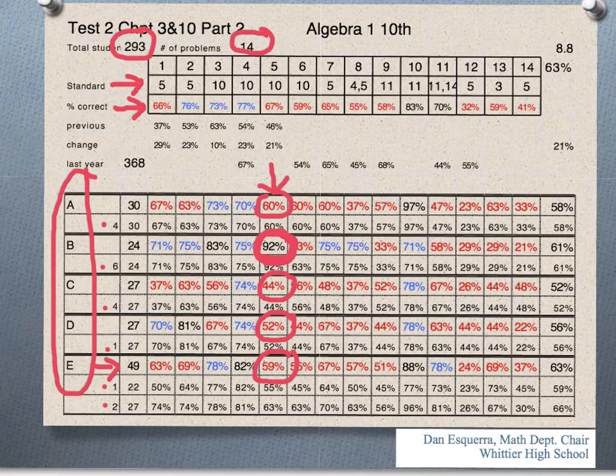Now, looking at the data a different way, you might want to look at item 12. As you go down, you can see that in every case, the teacher's students' percentage of mastery was quite low across the board. So this might be one that the department or grade level would say, gosh, we really need to reteach this particular standard.